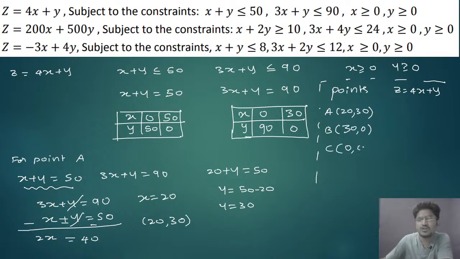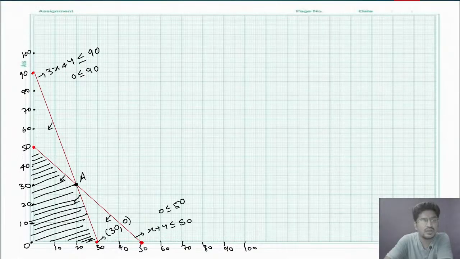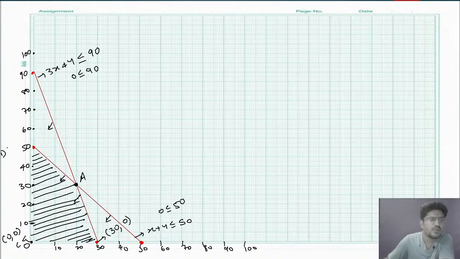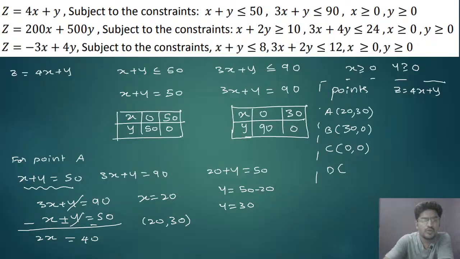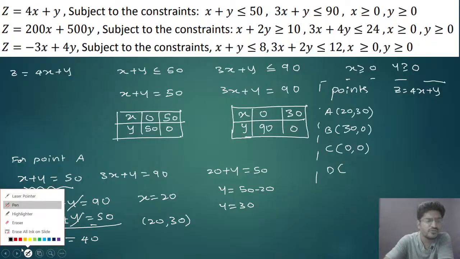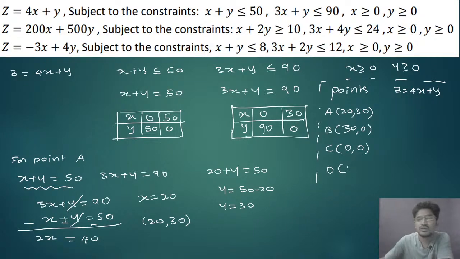Take point C 0 comma 0. Point D, you can see here, this is point C, 0 comma 0, and this is point D, 0 comma 50. So this is 0 comma 50.